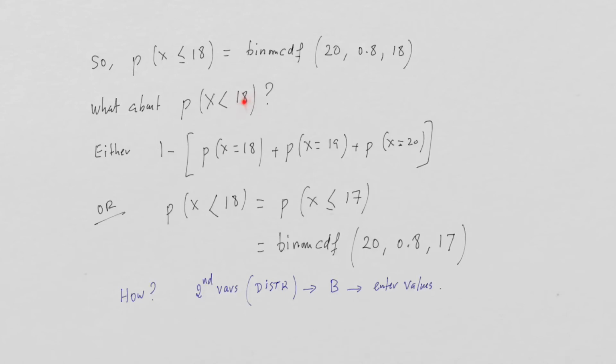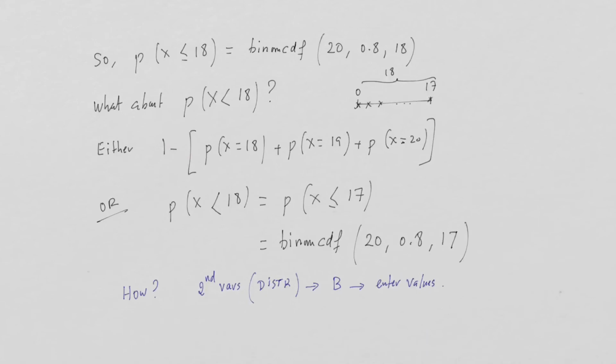Strictly less than 18 means going from 0 all the way to 17. That's what I'm trying to find. 0 and 1 and 2 all the way to 17. But I don't want to compute 18 of them. There are 18 here. I don't want to compute them. I'm going to do 1 minus the probability of 18, and 19, and 20.